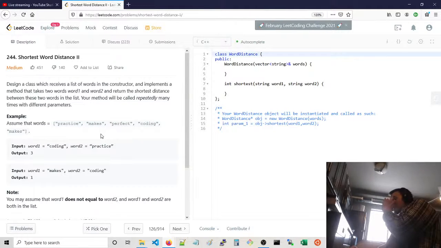I would say for this question, it's probably sufficient to just use the logarithmic search. However, that could be very inefficient.